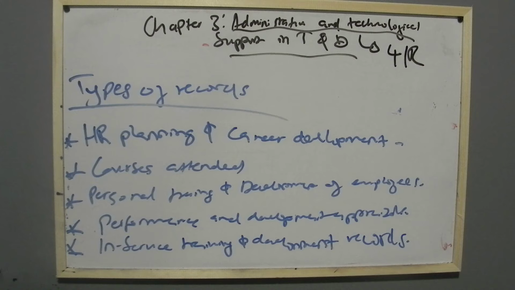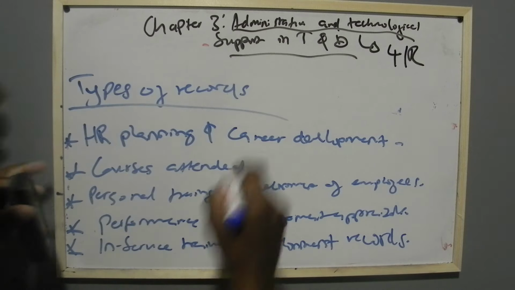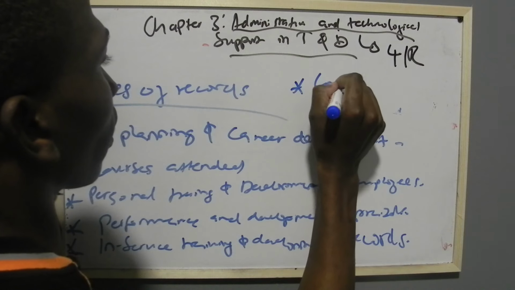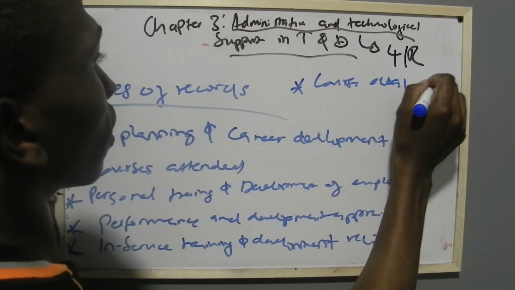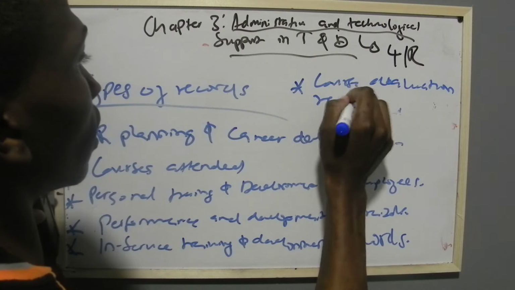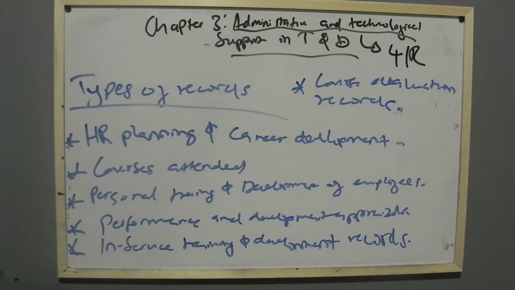And then it can be the course evaluation records. So we are done with this.